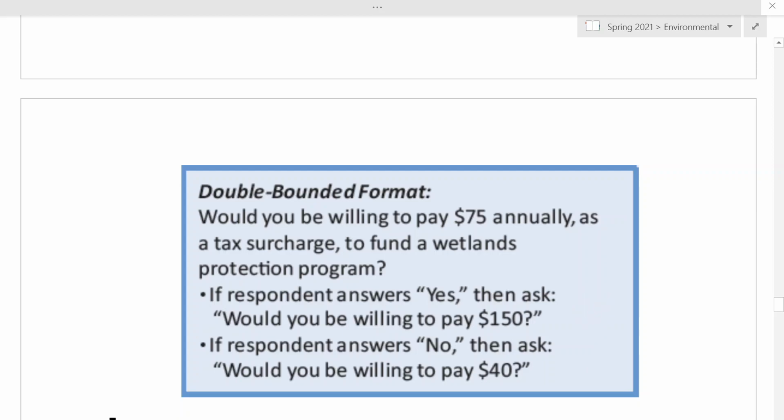But even with the same sample of people, if you had started with $150 and then gone down to $75 if they say no, or up to $240 if they say yes, you'll have maybe not drastically, but different results based on where you start.